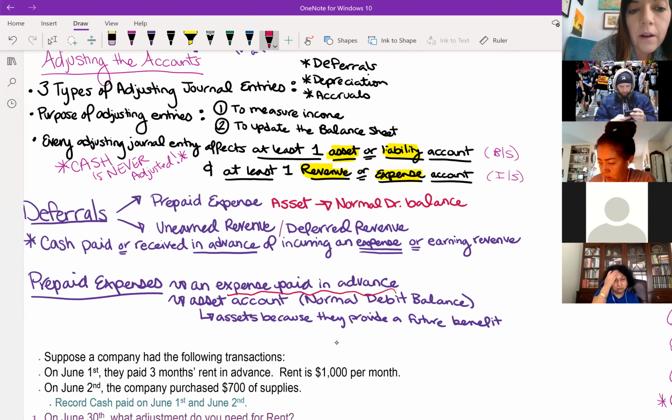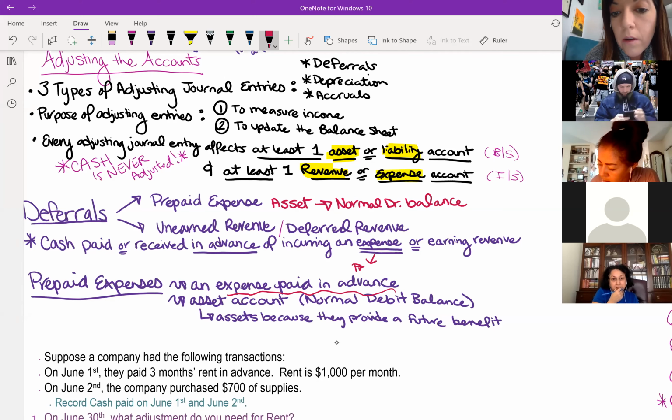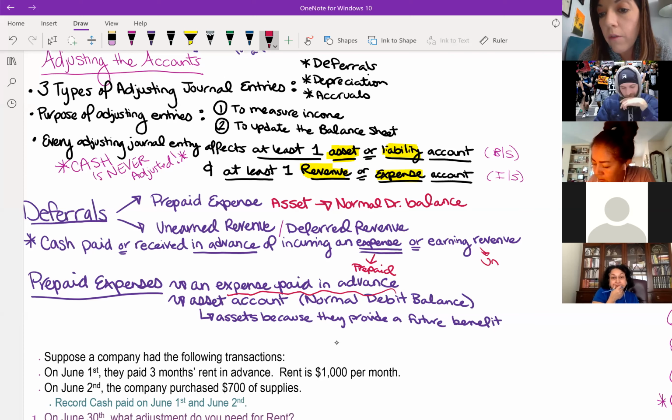For a deferral, and I'm not going to get into the definition of unearned revenue yet, deferrals means that cash is paid or received in advance of incurring that expense in terms of a prepaid, or earning revenue in terms of unearned revenue.